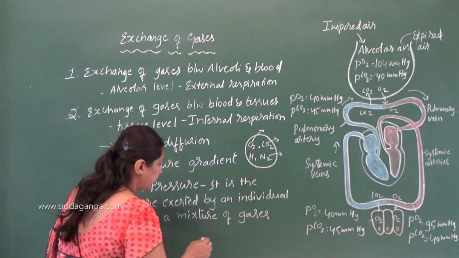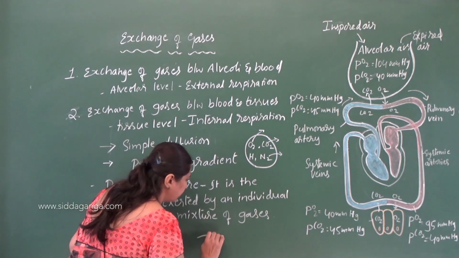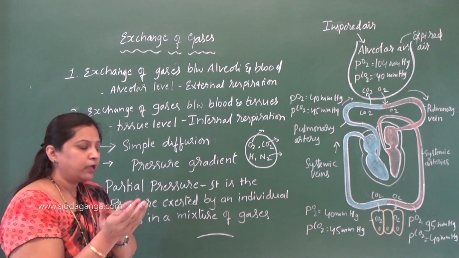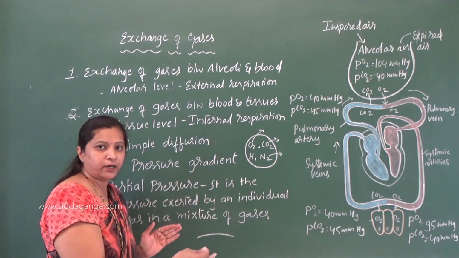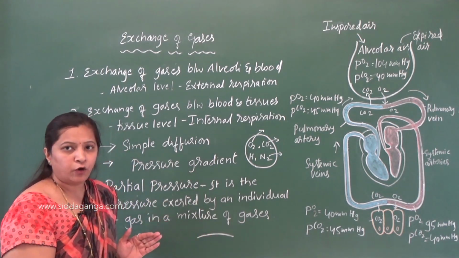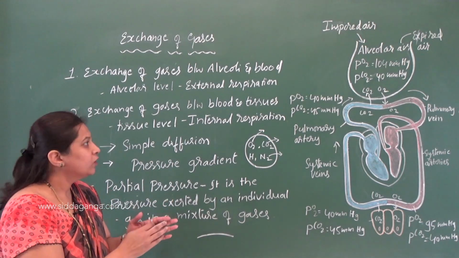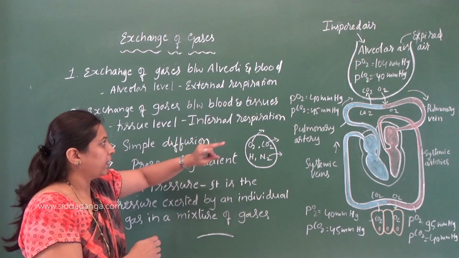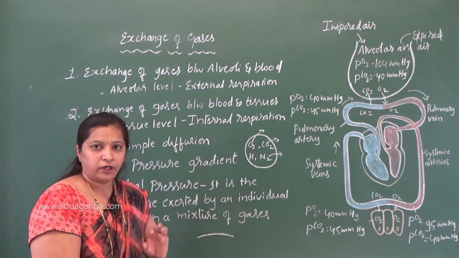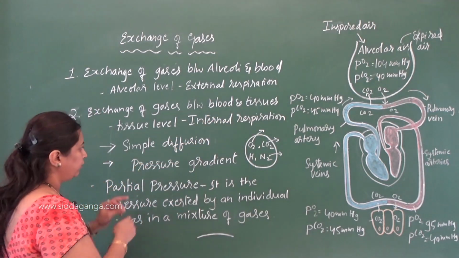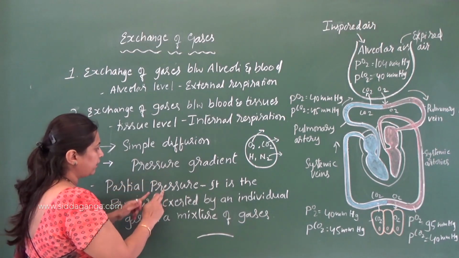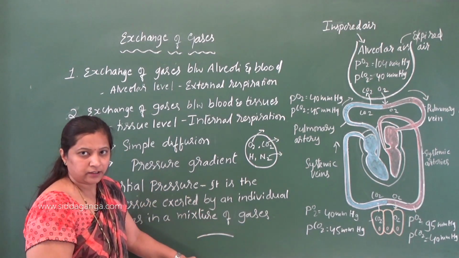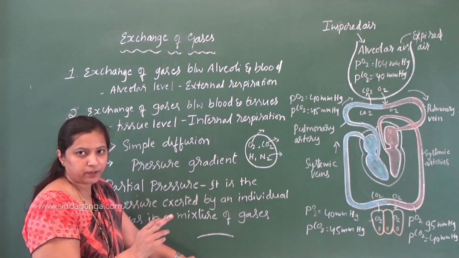That's how the diffusion of gases takes place between the alveoli and the blood, and between the blood and the body tissues. So the diffusion occurs mainly because of the difference in the partial pressure between the two areas.